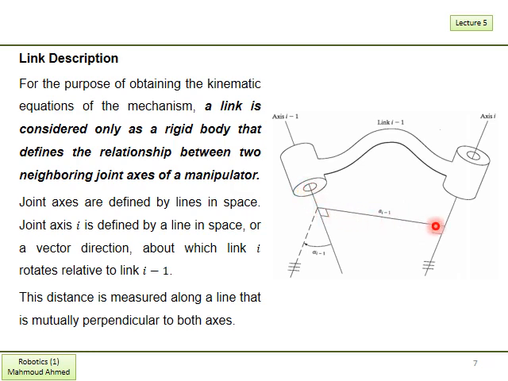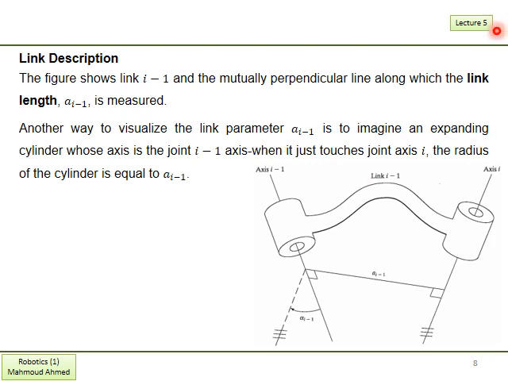The distance along this line is simply the mutual perpendicular between axis I-1 and axis I. This is the link length: the common perpendicular line between axis I-1 and axis I.